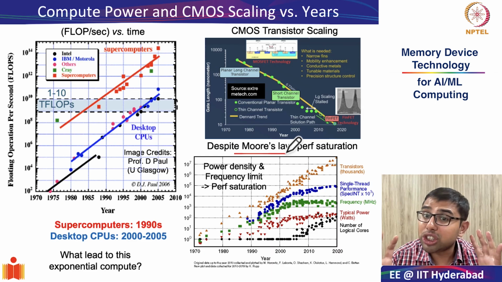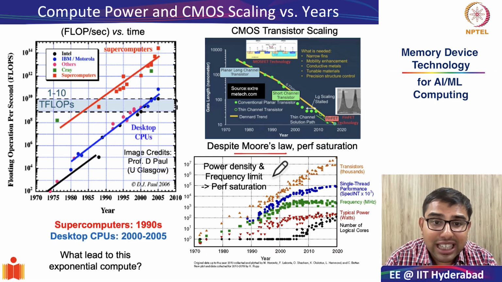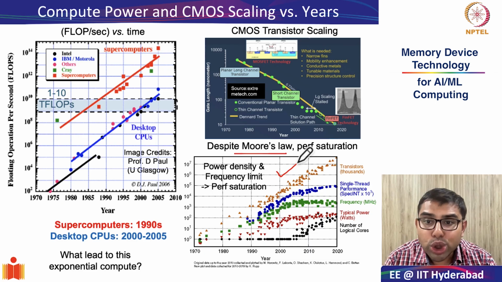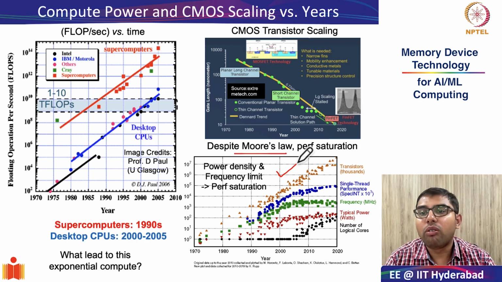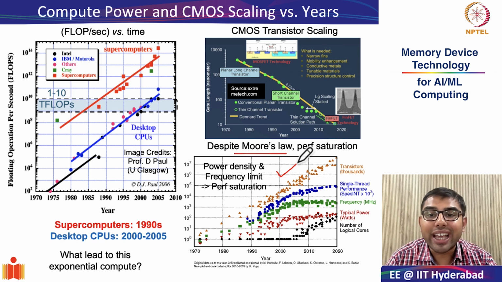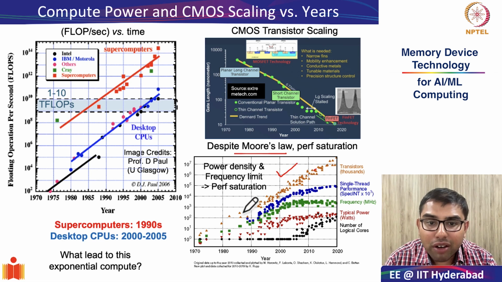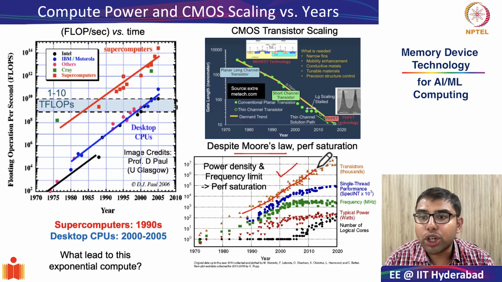However, this is just part of the story, as we can see in the second curve. Let us take a close look at this curve because it explains one of the most important turning points in computing history. The orange curve you see over here right at the top shows the transistor count.